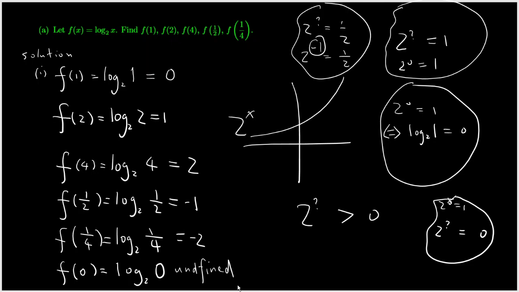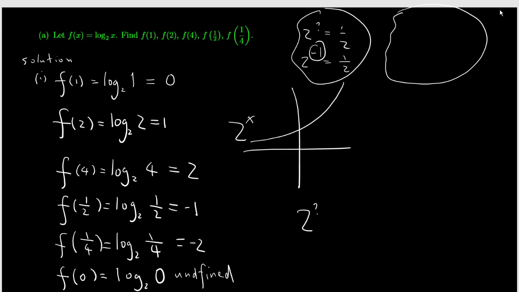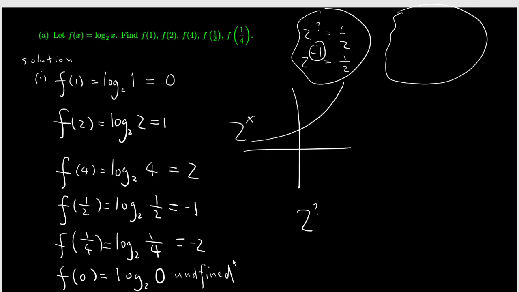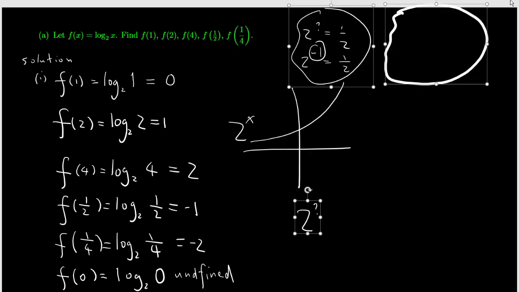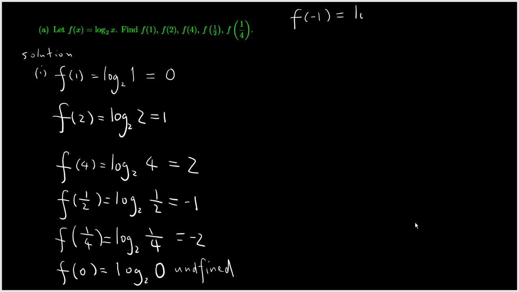So does that make sense? Now let's try some more. Anybody want to tell me the value of the function at -1? I can write log to the base 2 of -1.